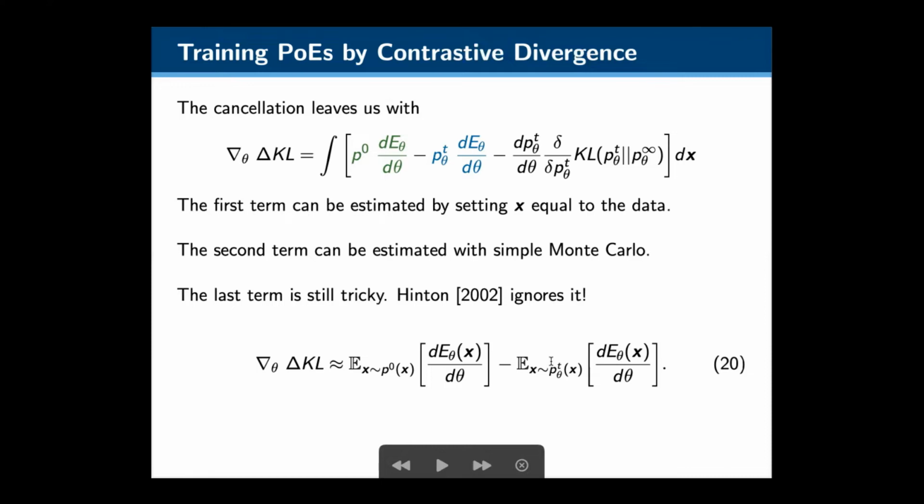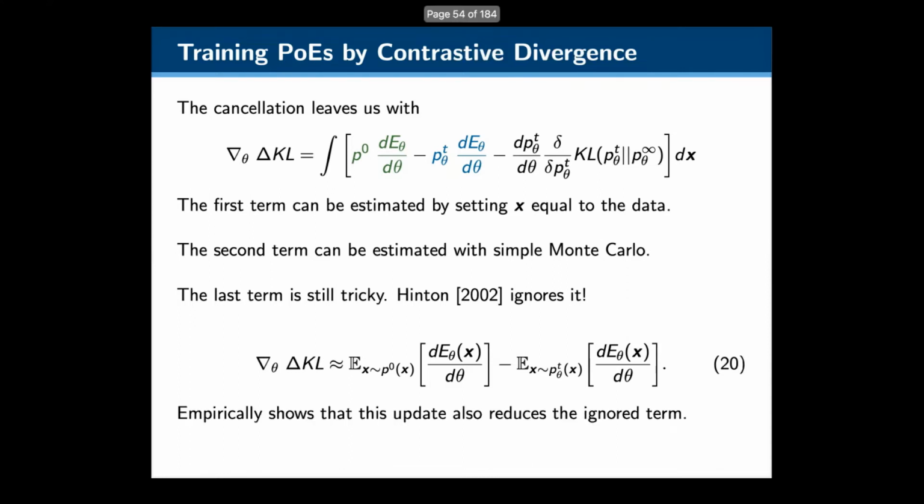So there are no samples drawn here that involve a Markov chain that runs to infinity. They're all for a moderately small number of steps. And also Hinton empirically shows for some admittedly fairly small models that are in some sense tractable.